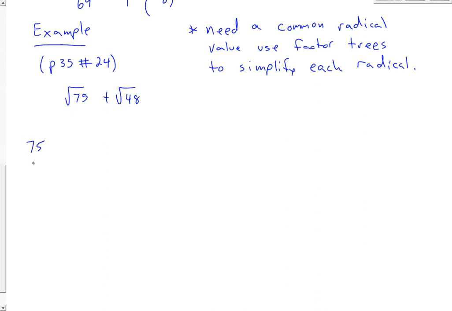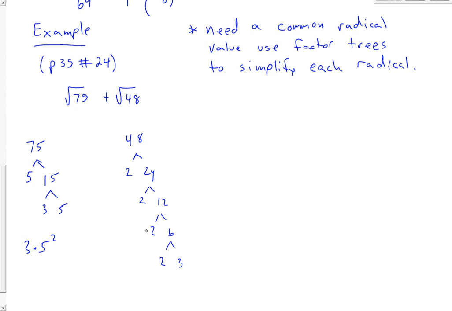So 75, since it ends in a 5, I'm going to say 5. And 5 times 15 is 75. And 15 is 3 times 5. So I have 3 times 5 squared if I were to write out the prime factorization there. 48 is 2 times 24, 2 times 12, 2 times 6, and 2 times 3.